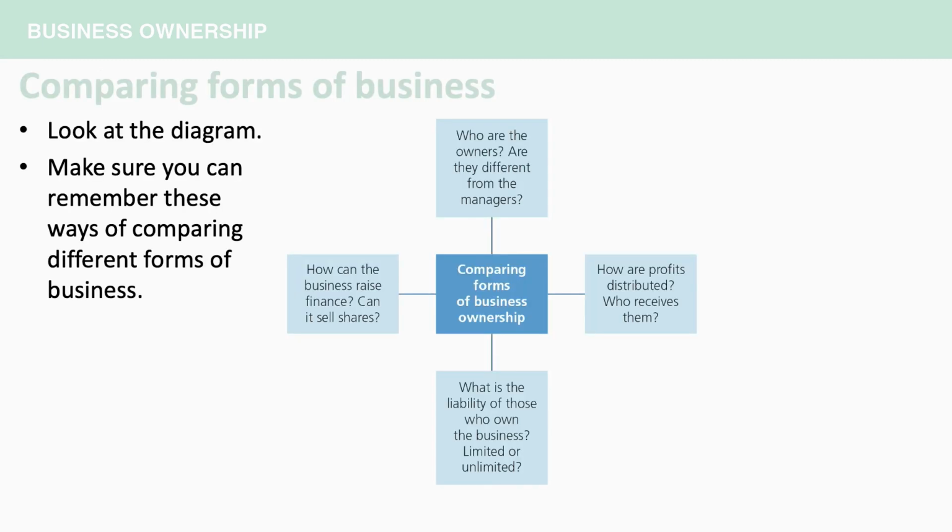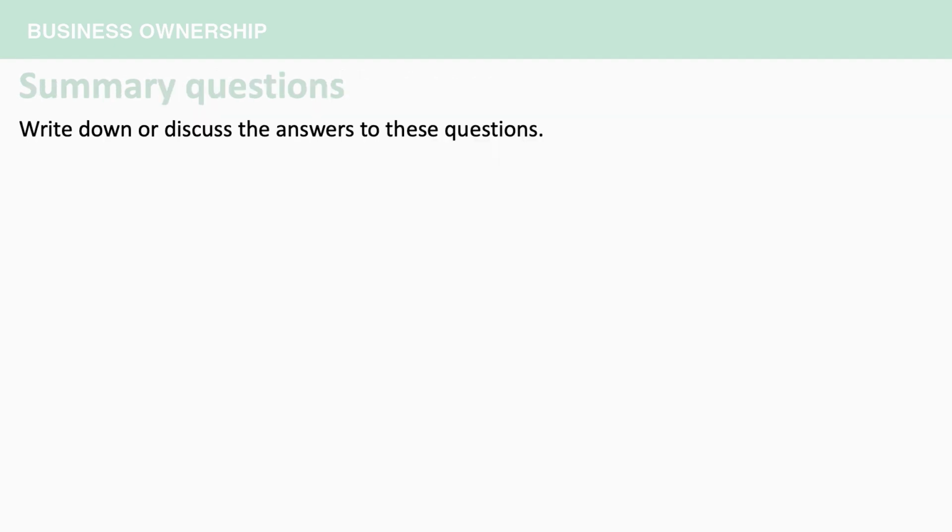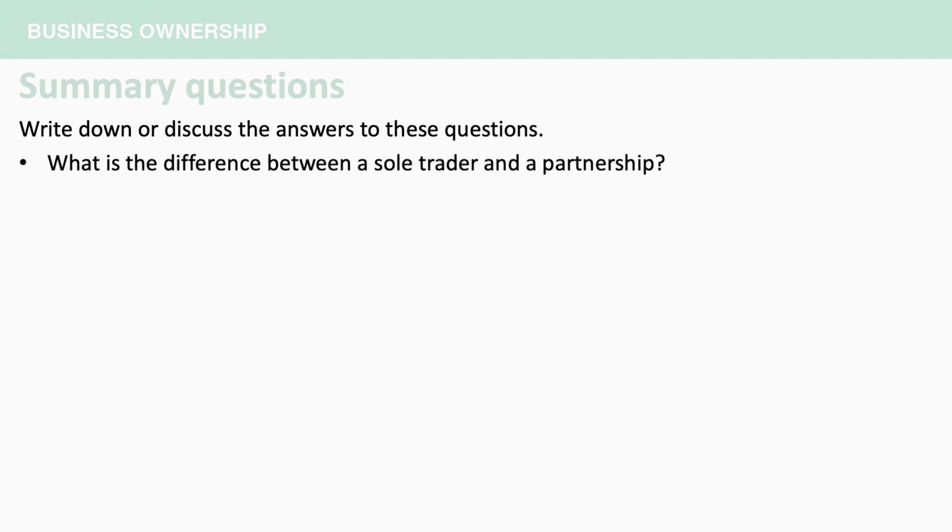So we can just look at this diagram and we need to make sure we can remember these ways of comparing different forms of business. Now just some summary questions which hopefully you can answer. What is the difference between a sole trader and a partnership?